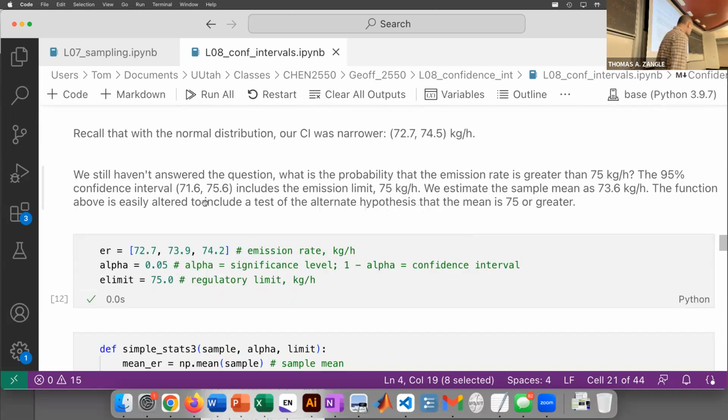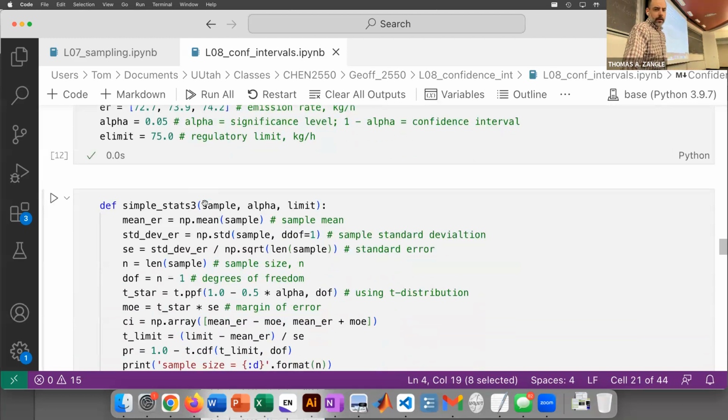So what we can do is use the same t distribution to answer this question of what is the probability that the true mean is 75, the regulatory limit was 75, but we saw a range of values given by that vector there.